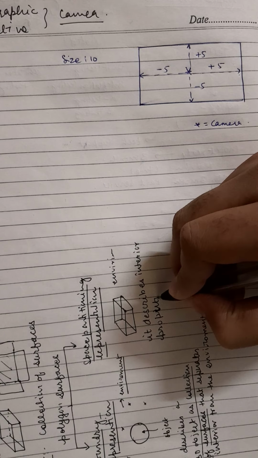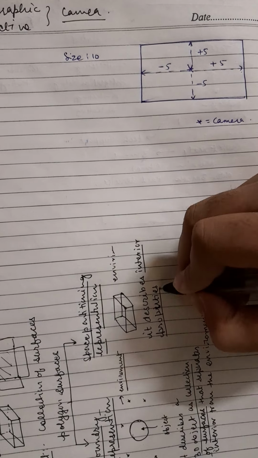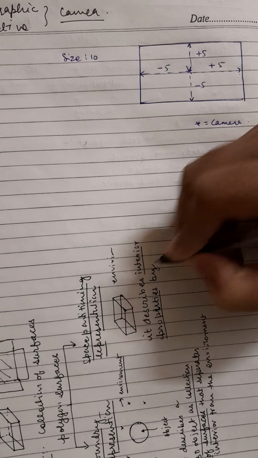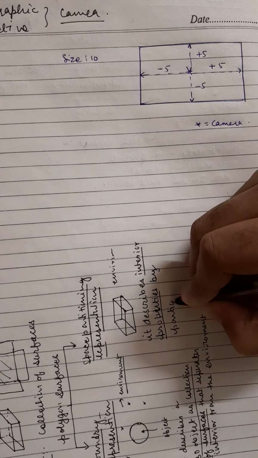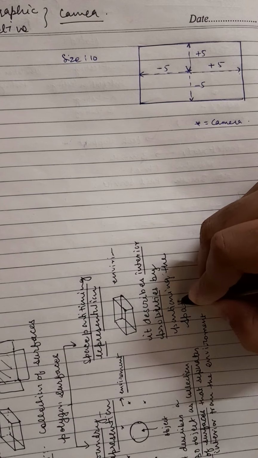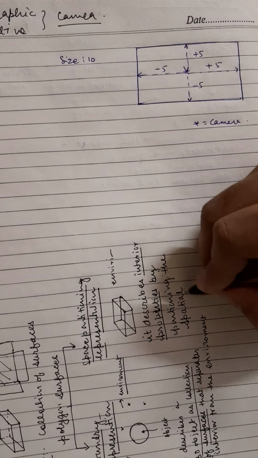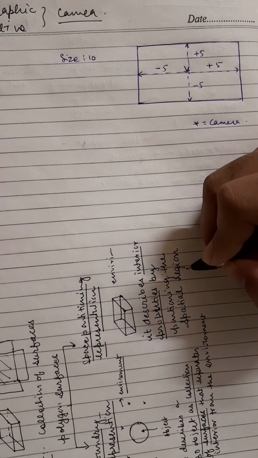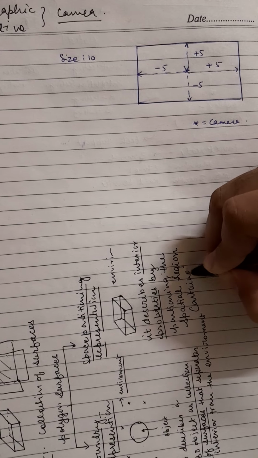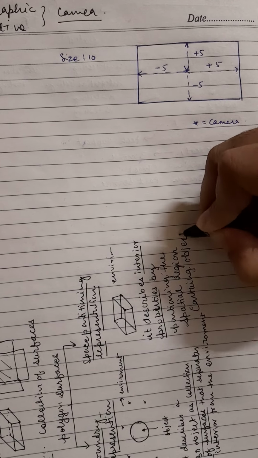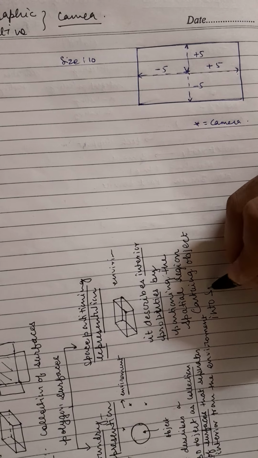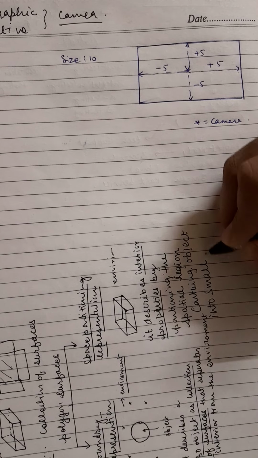Let me write first: interior properties like faces or surfaces, edges, vertices, by partitioning the spatial region containing the objects into small sets.